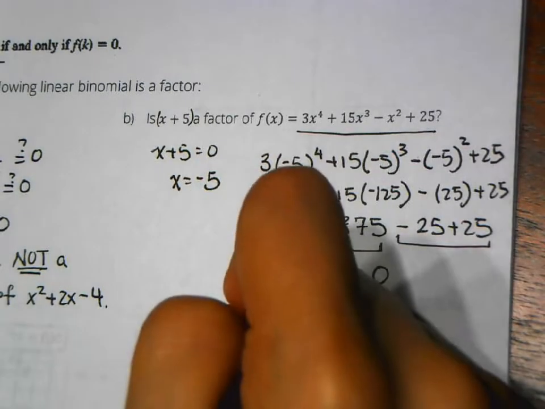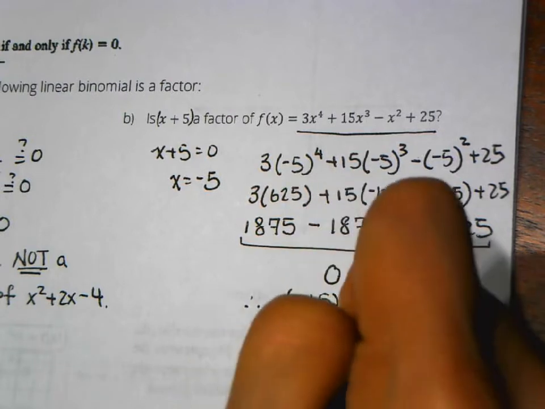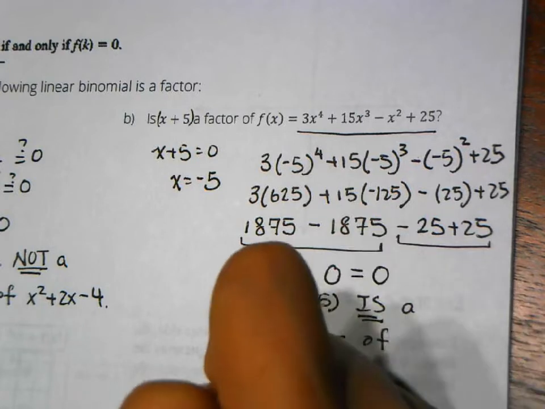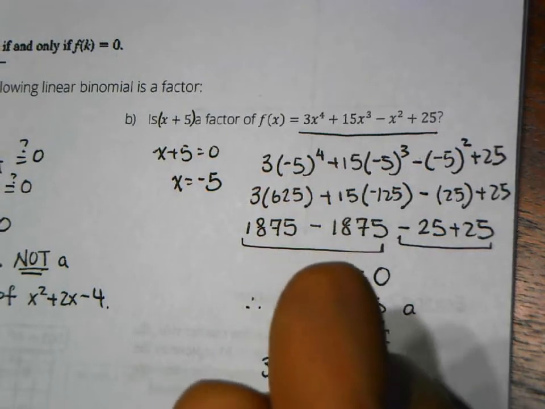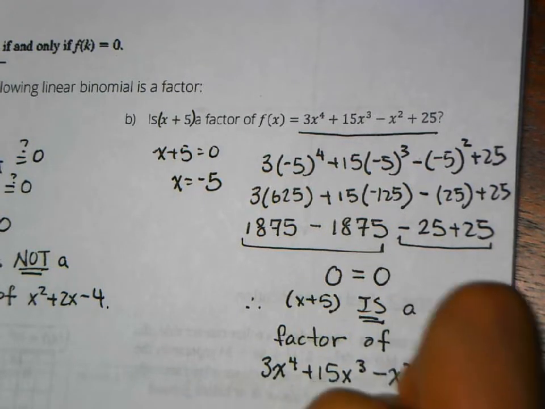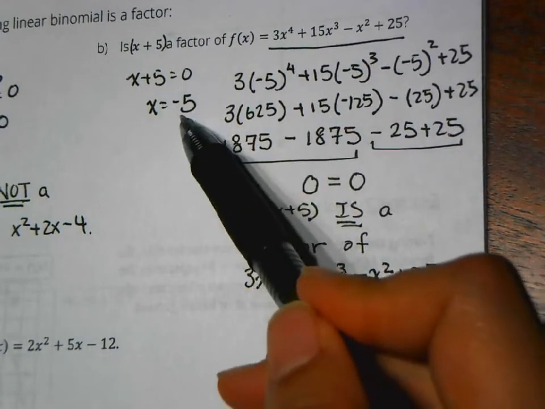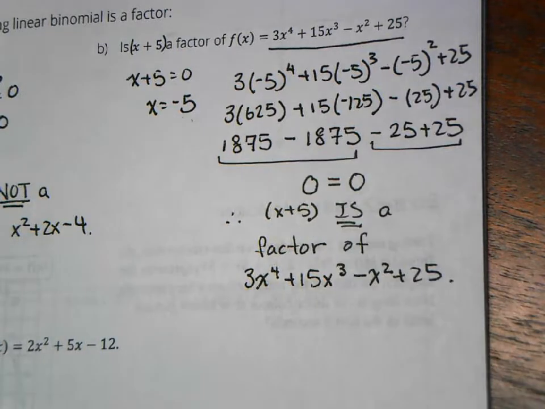Therefore, x plus 5 is a factor of 3x to the 4th power plus 15x to the 3rd minus x squared plus 25, because when you plugged in the x value from the factor, you get a 0.